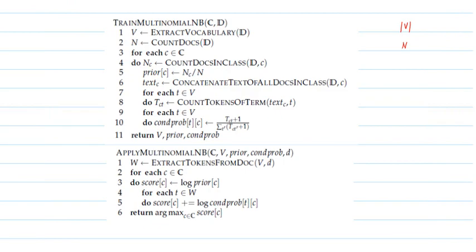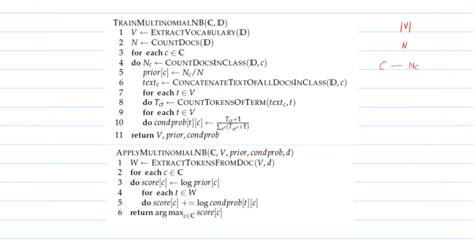So Nc is the count of the number of documents in a particular class C, and N is the total number of documents.